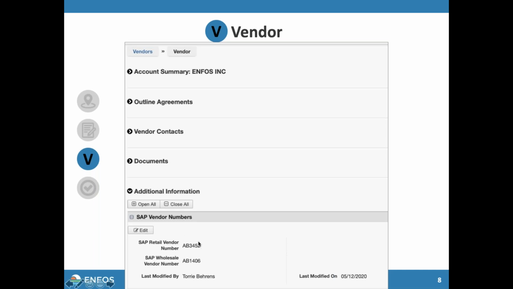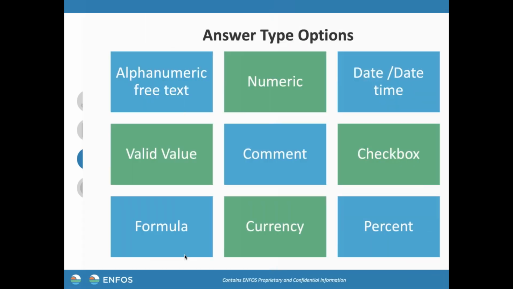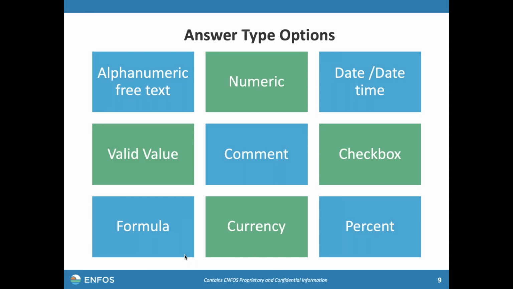So the answer type here that we see, it's really like a free text field, right? There's no limitations there. Within ENFOS, we have lots of answer type options. When the administrator creates additional information, they define those answer types, and there's a lot of choices.